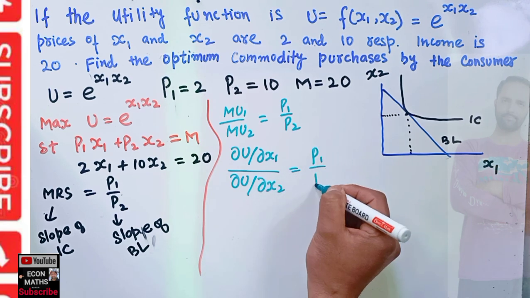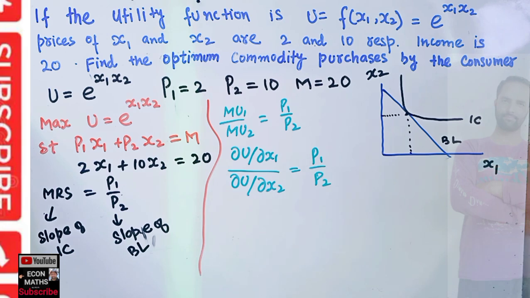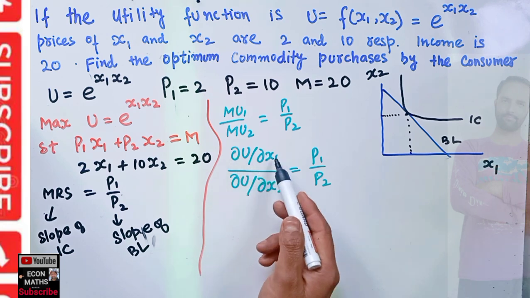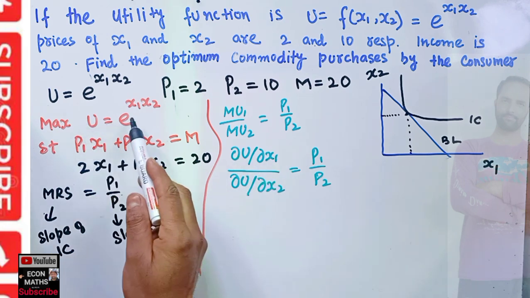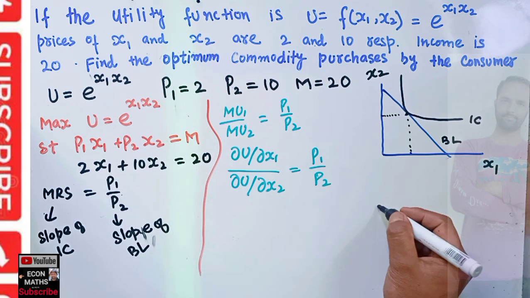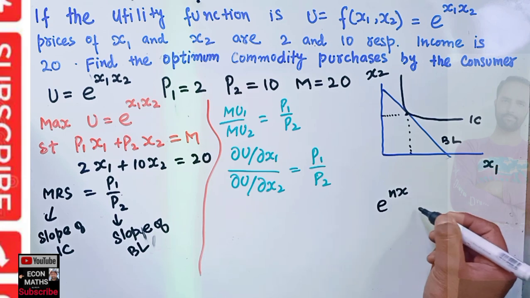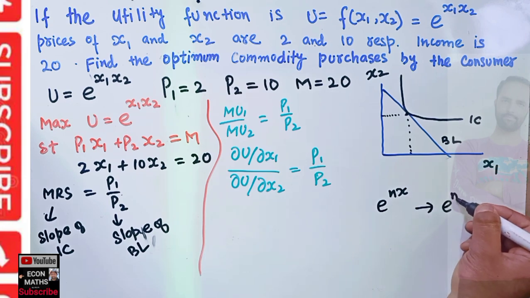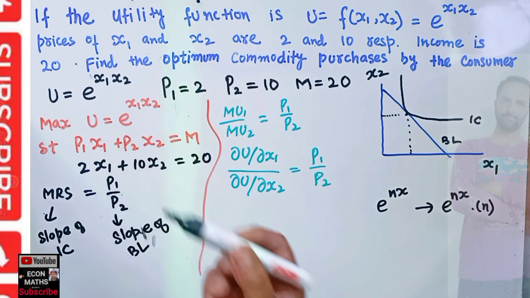Now du upon dx1 means the partial derivative of this utility function with respect to x1. What is the derivative of e to the power nx? It is simply e to the power nx times n. Now we have e to the power x1 x2.